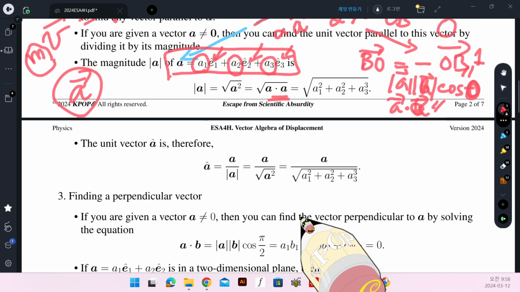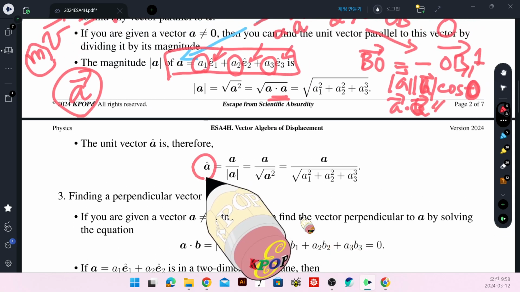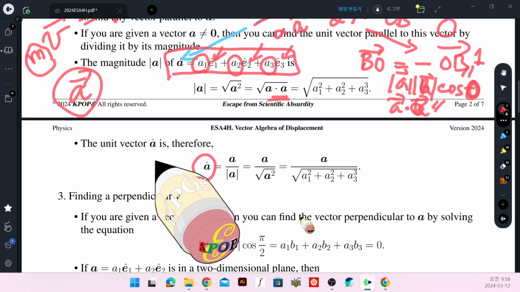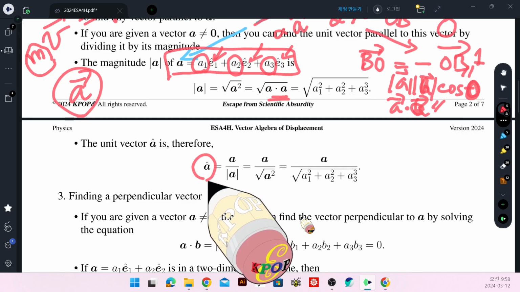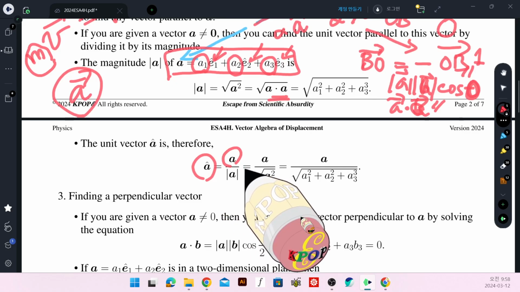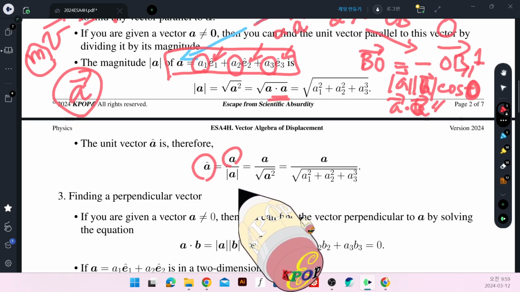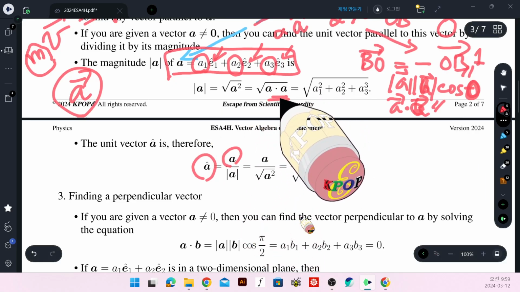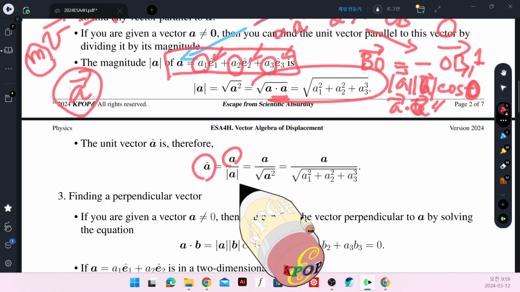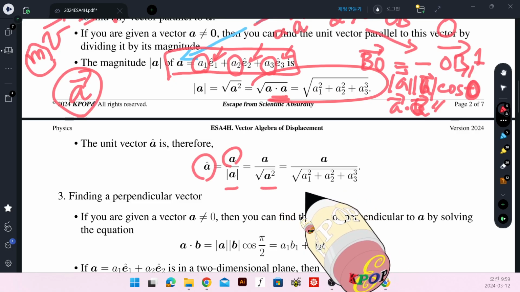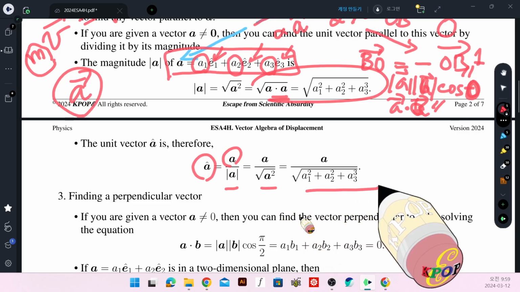As a result, A hat, the unit vector parallel to vector A, is defined by the vector divided by the magnitude of that vector. The magnitude of that vector is defined like this. As a result, A hat can be expressed in three ways. They are all the same.